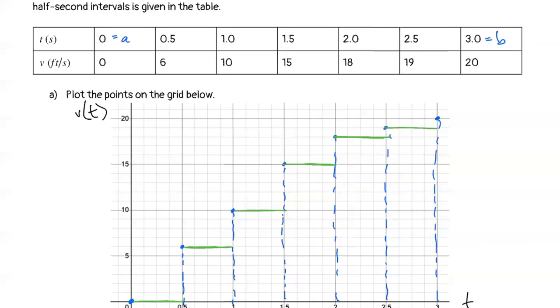I did not use all of the values on the table. In particular, to find the left approximation, which values did I use? I used the y values. Did I use every single y value in my table?